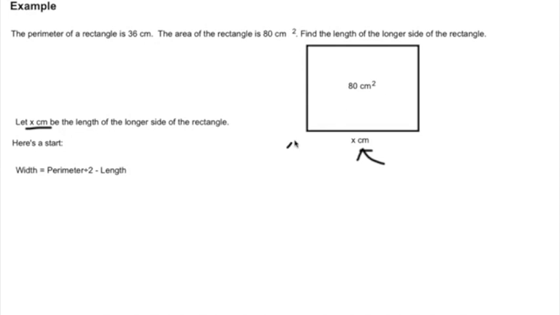So I do know that if I take the perimeter of a rectangle and I cut it in half, then I'm just dealing with a certain number and my length value. So I can take the width and take that perimeter divided in half, so that's 36 divided by 2, and that's going to equal my length plus width.